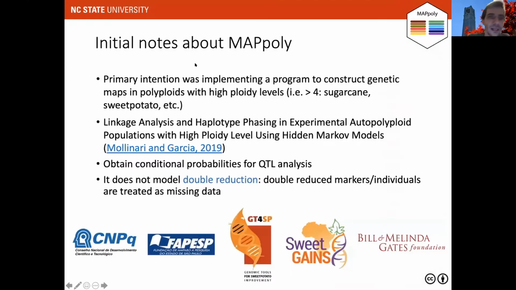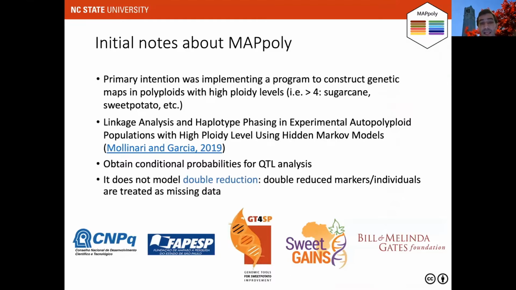As an initial note about MAPpoly, when we started to implement it, we aimed for high ploidy levels, because the first species that we worked with was sugarcane, which is a highly heterozygous and high ploidy species.